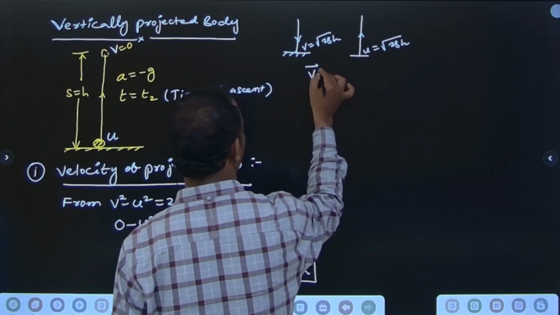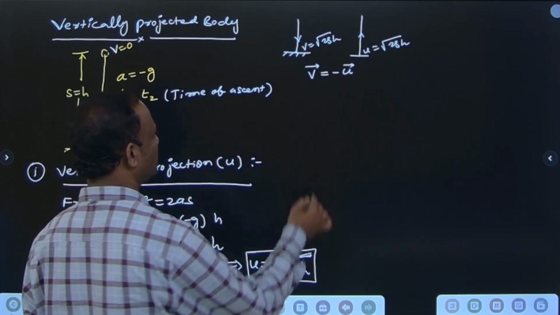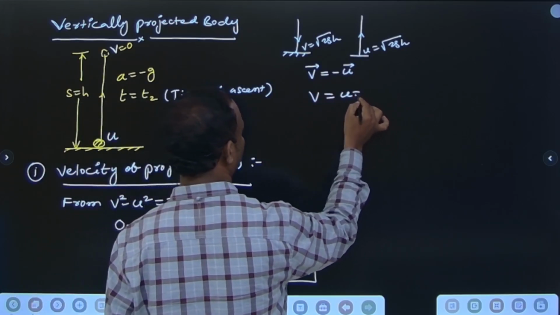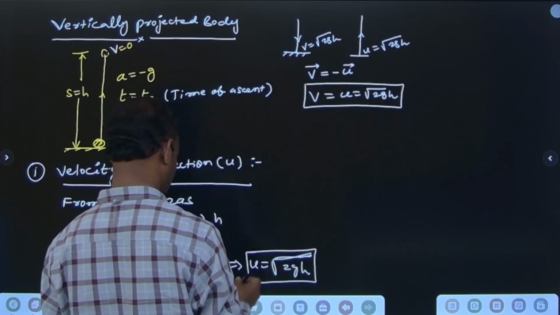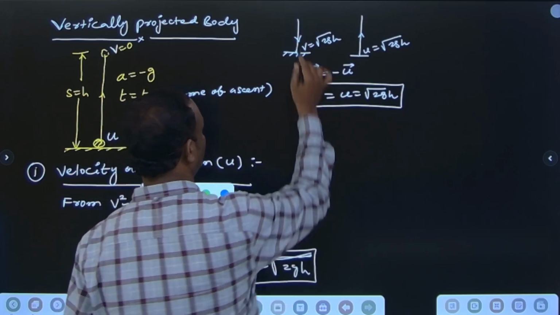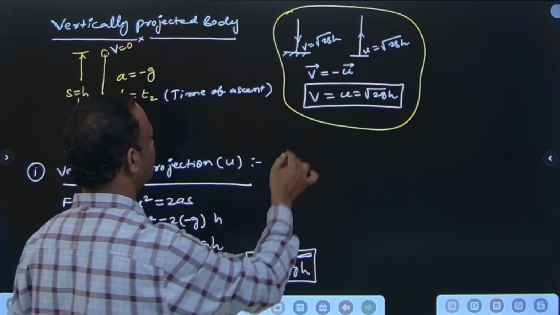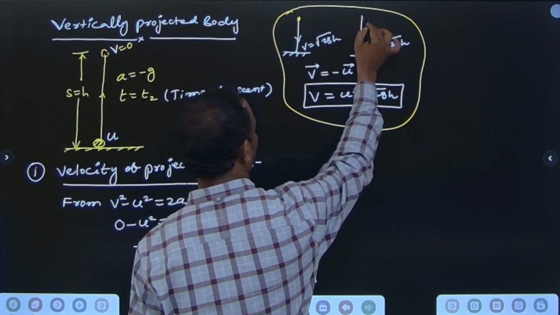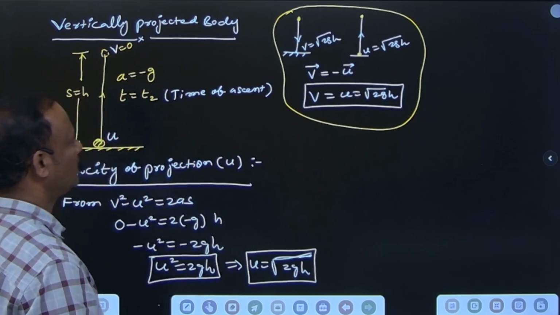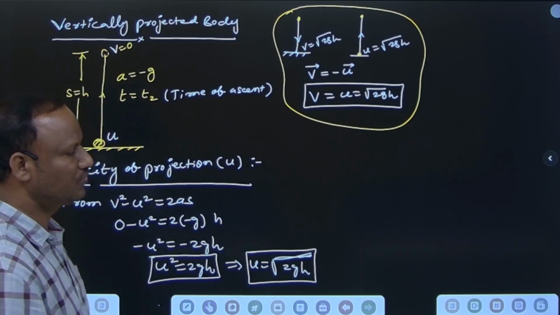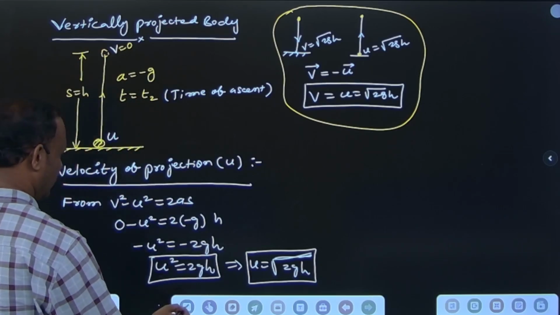So V bar is equal to minus U bar, opposite direction, but the magnitude is the same.